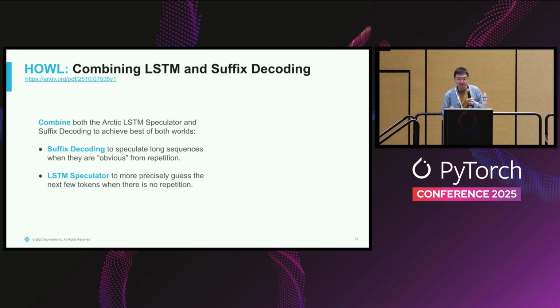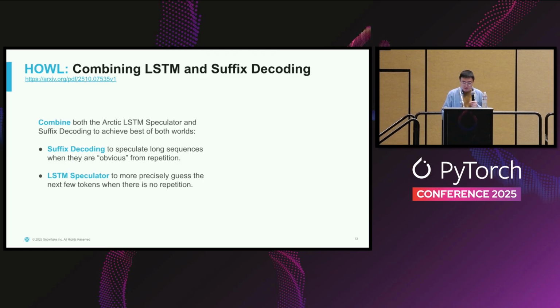OK, so a further technique that we recently explored is combining both the Arctic LSTM speculator and suffix decoding in order to try to achieve the best of both worlds. Essentially, suffix decoding is good at speculating these long sequences when they're pretty obviously repeating from before. And then the LSTM speculator kicks in when there's little or no repetition detected, so it needs to make some more precise predictions on what the next few tokens need to be.